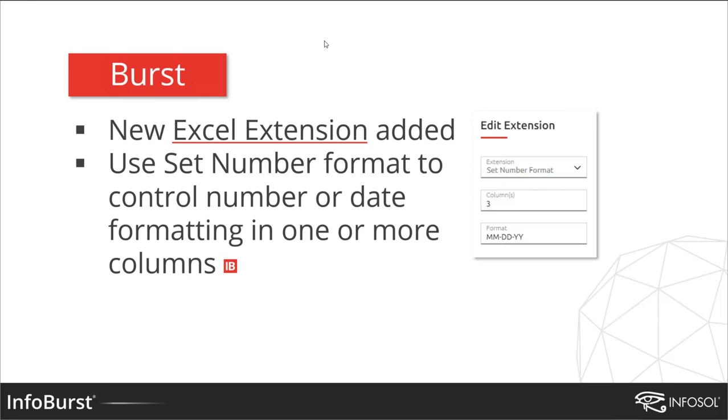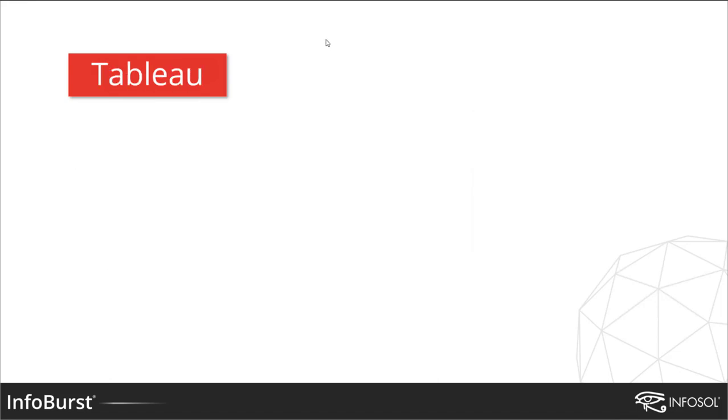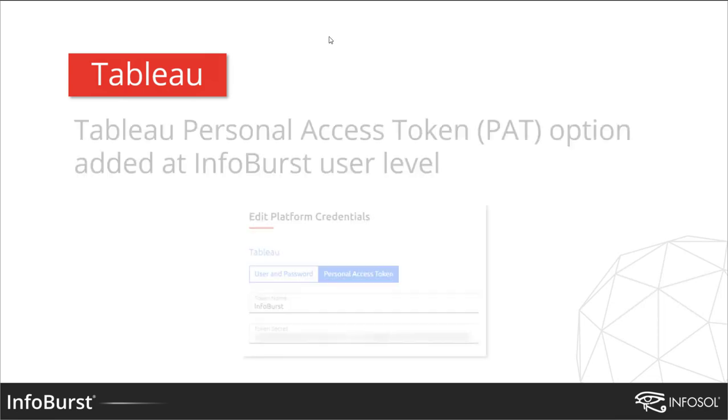The next enhancement in 2023.3 is to Tableau authentication. In a previous version, we provided the option to authenticate to Tableau using what's known as a Personal Access Token, or PAT, and that PAT was configured at the platform level, which meant any InfoBurst user of the platform would be authenticating under that common Personal Access Token.